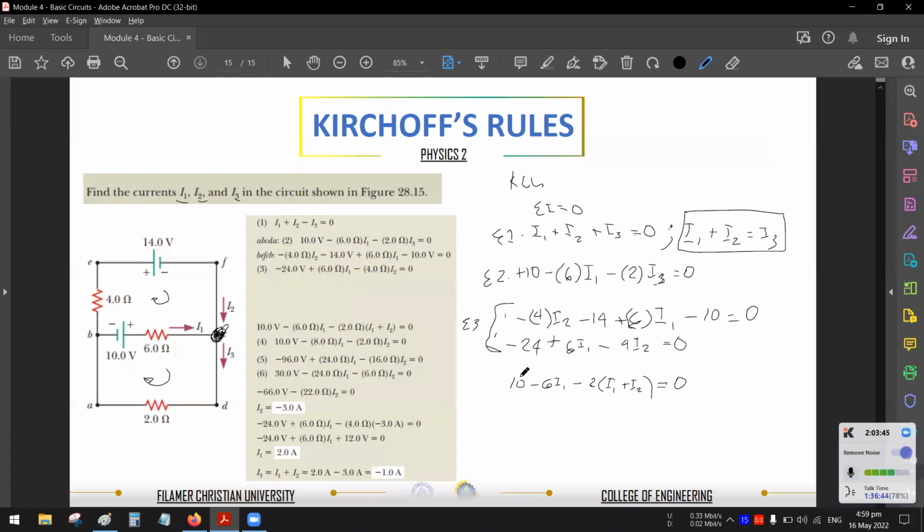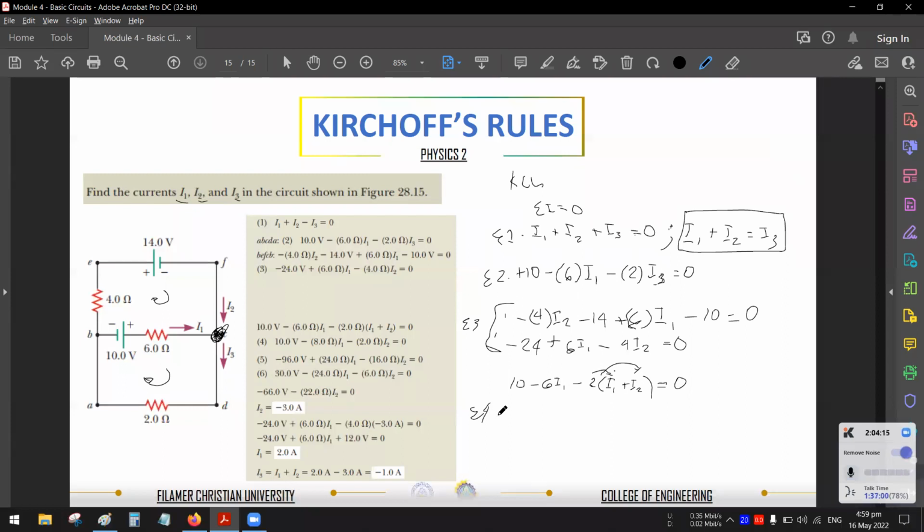Minus 2 ohms times I squared. Okay. Minultiply ta lang siya, no? Ito. Alright. So, dinistribute natin to. And then, if we simplify this equation, we have the equation 4.